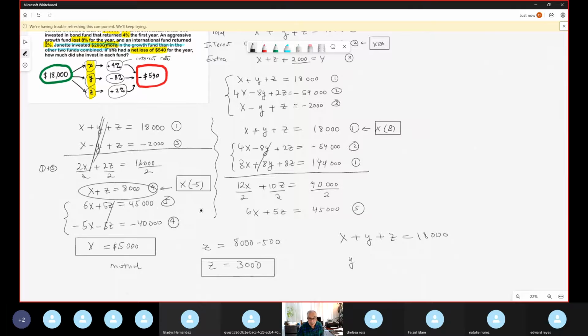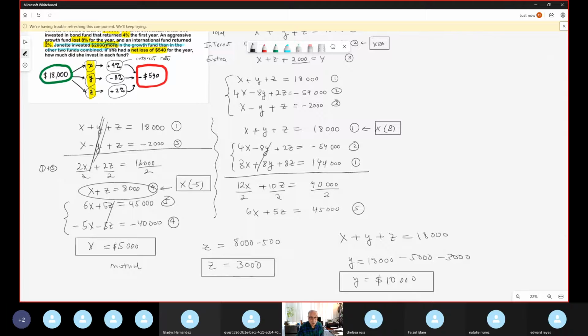I need to find the y. Y is equal to 18,000 minus 5,000 minus 3,000. 5,000 and 3,000 is 8,000. It's 10,000. $10,000. She deposited, unfortunately, in the worst account.